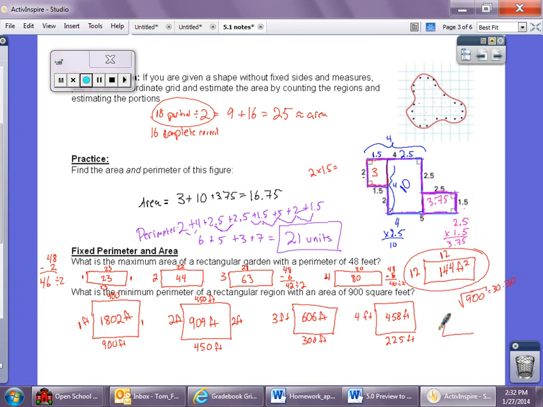So if we do 30 times 30, we get an area of 900 feet squared, which will give us a perimeter of 30 plus 30 plus 30 plus 30, which is 120 feet. So the minimum perimeter is 120 feet, whereas the maximum perimeter is 1,802 feet.